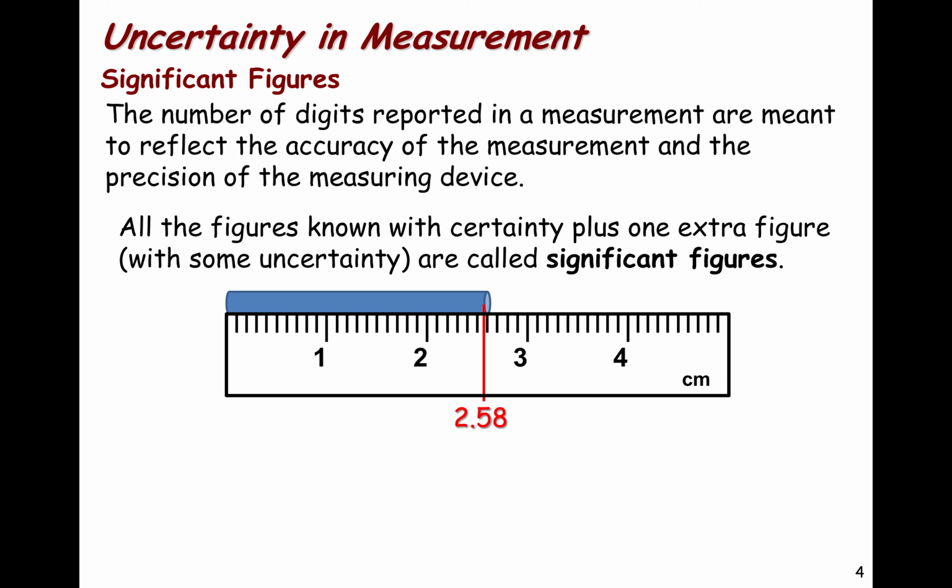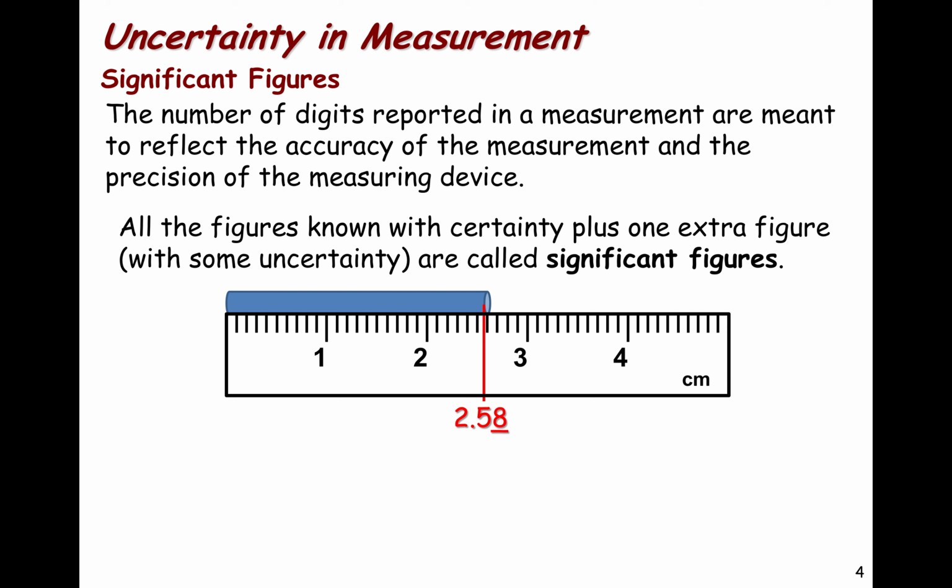If I had guessed that it was 2.59 centimeters, that would probably be acceptable as well, possibly even estimating 2.57 centimeters. It's always implied that that final digit could be one number higher or possibly one number lower than what the guess was. And this is the range of error associated with this measurement.